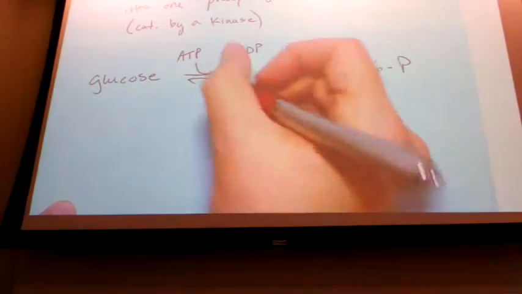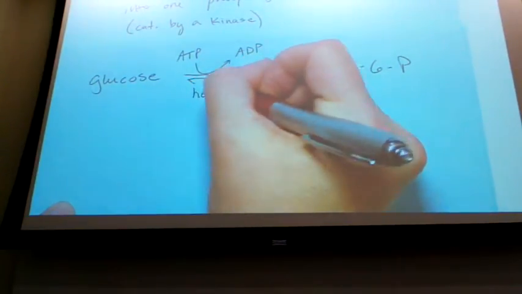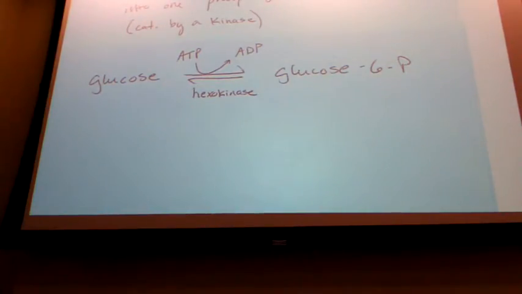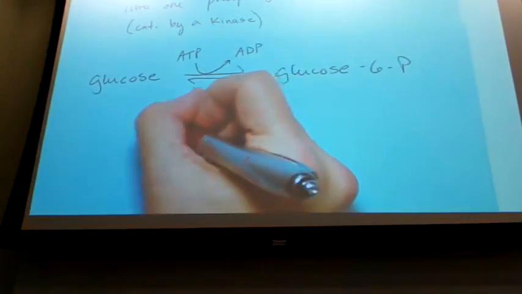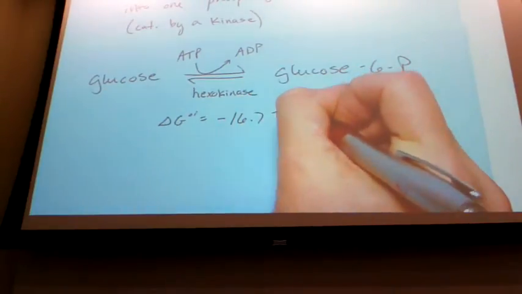And this whole thing is catalyzed by a kinase. The particular kinase is called hexokinase. And the standard delta G of that is negative 16.7 kilojoules per mole.